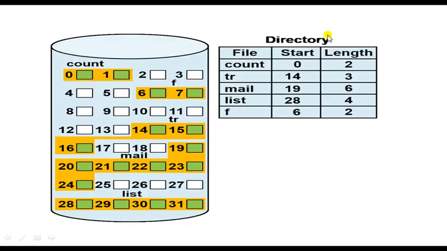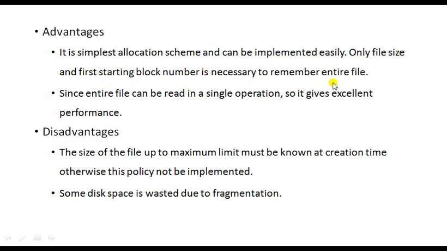Suppose the operating system gets this block, then immediately it goes to this block because of the directory structure. So the read I/O operations are very few, meaning the operating system can easily access the file. That means it performs well. So it is very simple to implement and the performance is good.